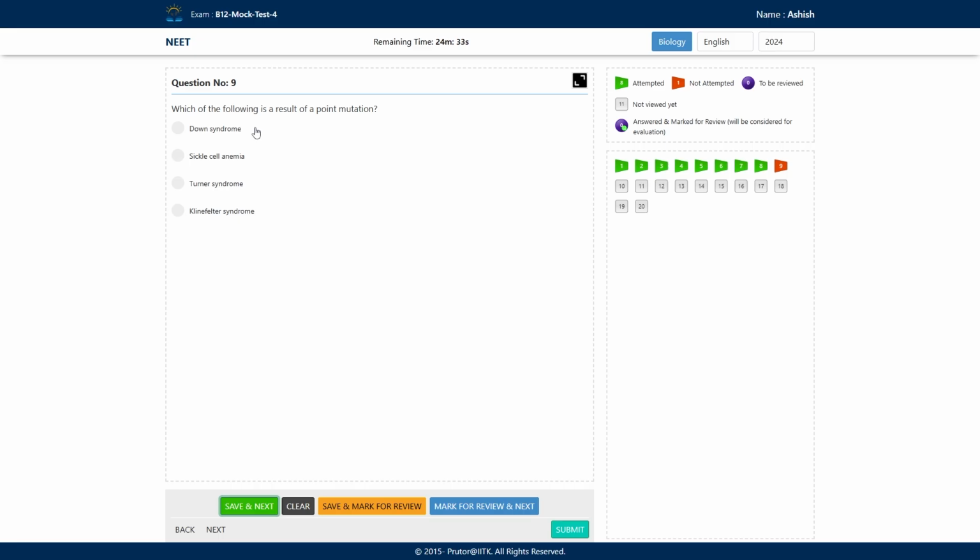The answer will be option number B, sickle cell anemia. Sickle cell anemia is due to point mutation.